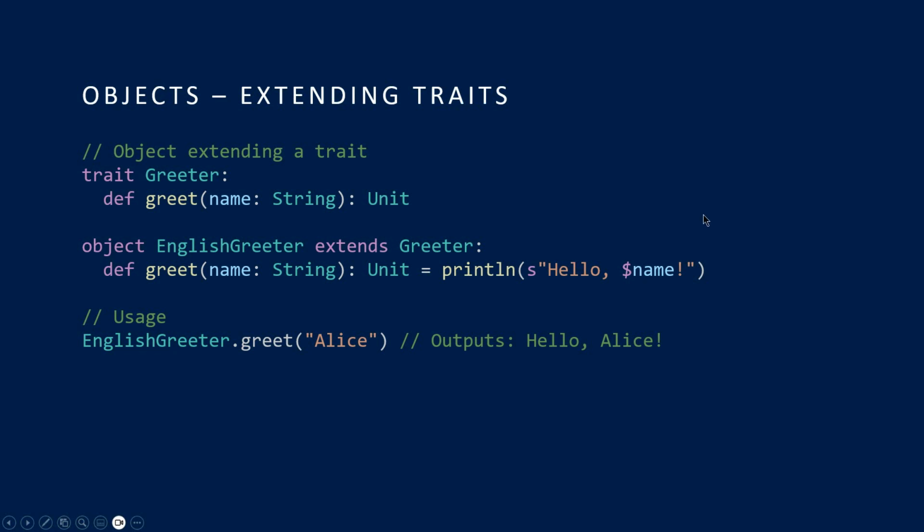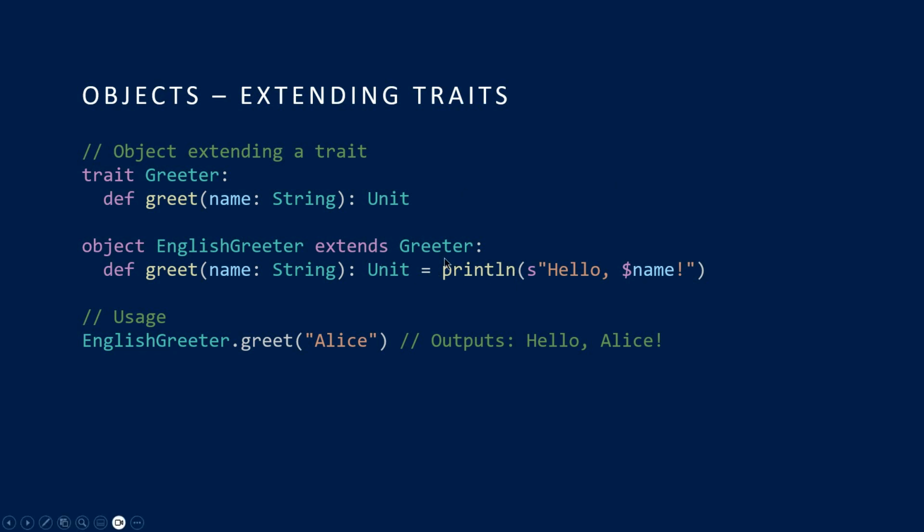And the thing with these traits is you can extend them with objects. So it's this idea, I suppose, of like an interface in another language. So you're taking the trait and using that trait to give an interface to a particular object.